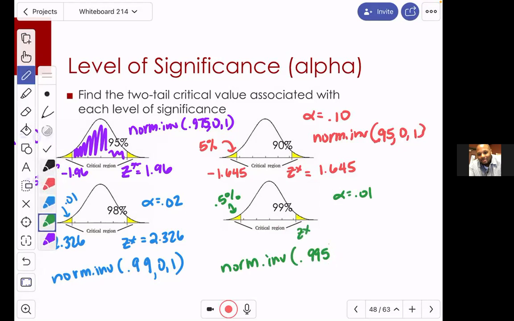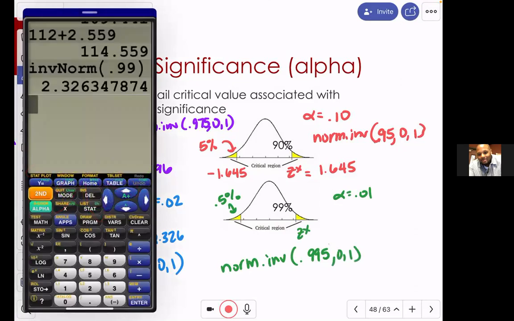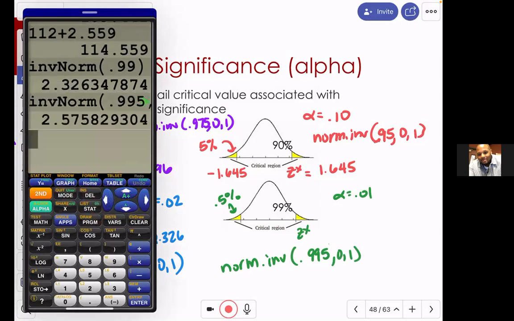If you go to Excel and calculate yours, I get a z score equal to 2.576, negative 2.576.